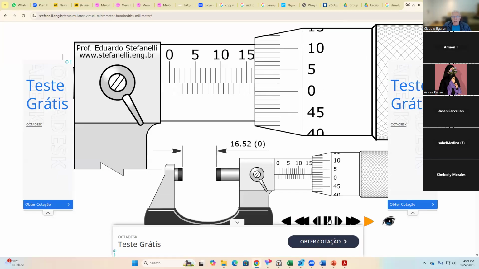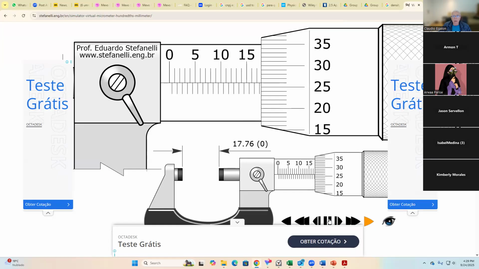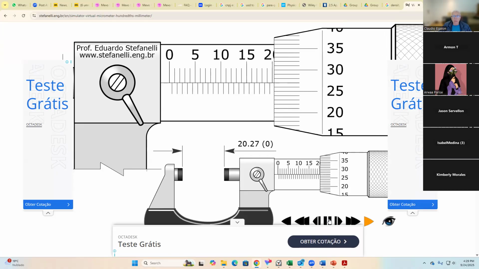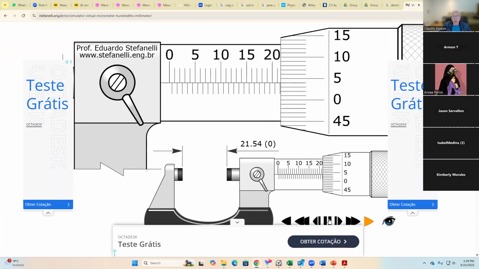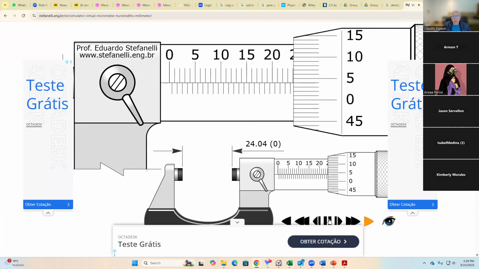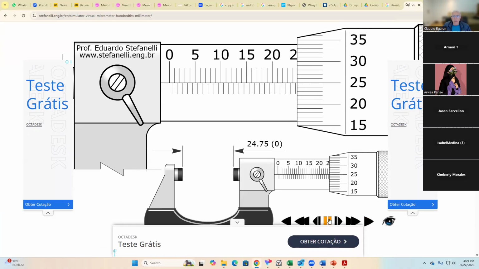I'm going to open my micrometer completely, okay? Those micrometers usually can measure up to 1 inch, 25 millimeters. That's the price to pay for an instrument with such a high resolution. So here is my regular ruler.